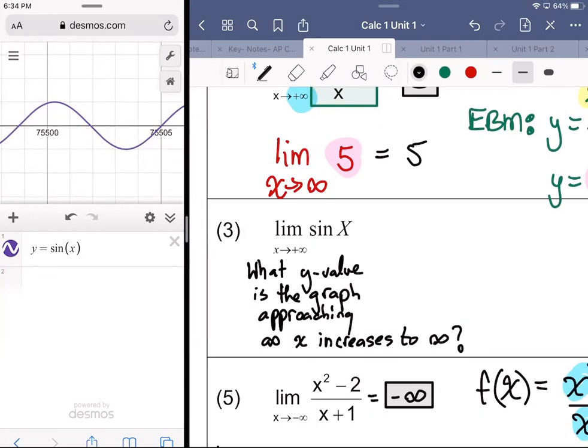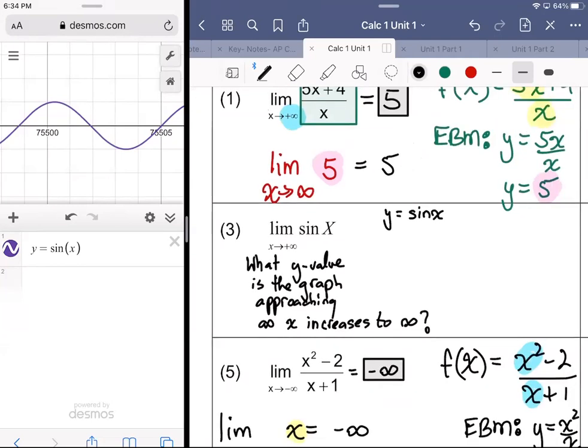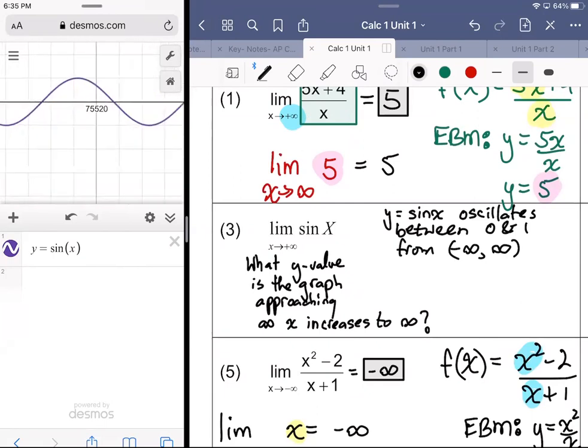So the sine function, y equals sine of x, oscillates between -1 and 1 from negative infinity to infinity. It never settles in on a particular value.